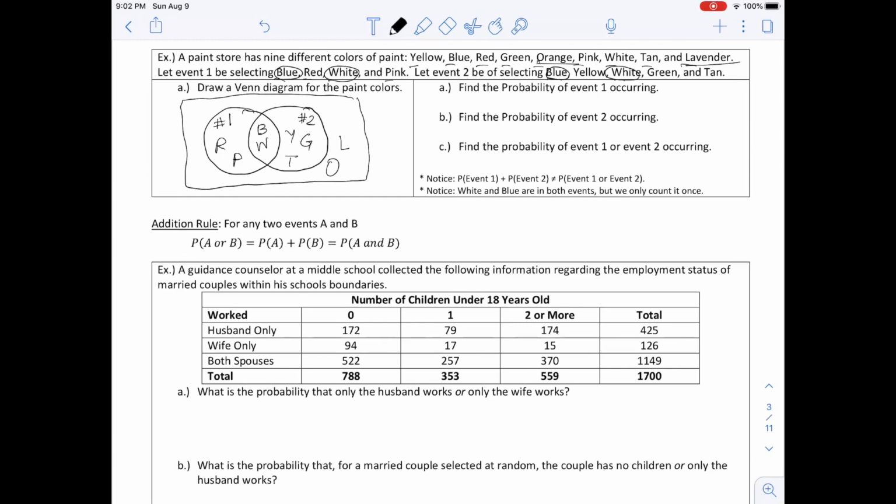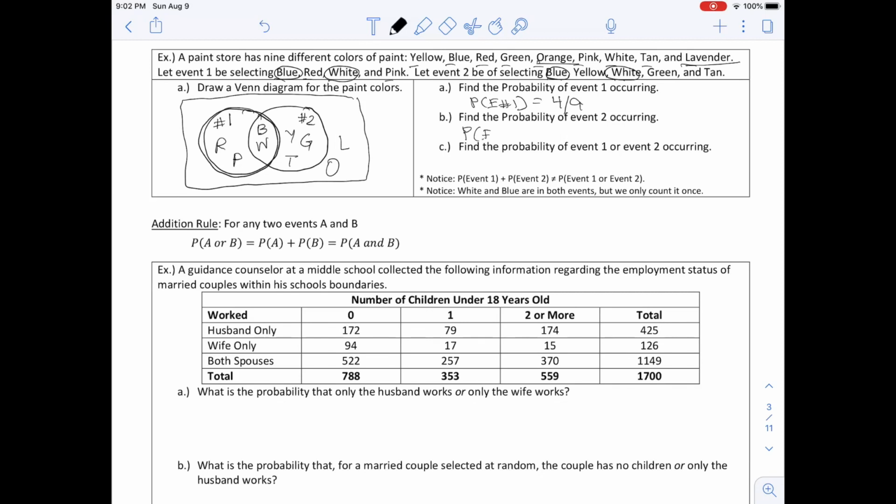The first one says, find the probability of event 1 occurring. So the probability of event number 1 is going to be, and if you look at event number 1, which is that left circle, there's a total of 4 different colors out of a total of 9 colors that the paint store is selling.